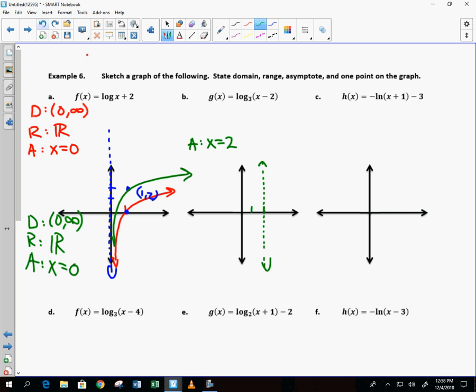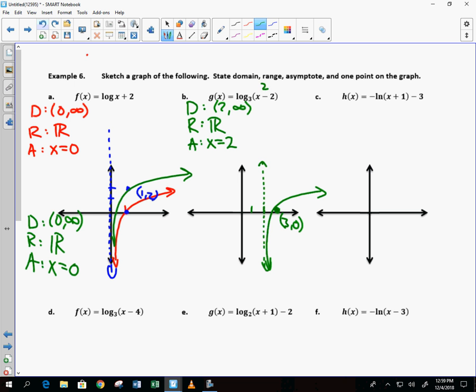Yep, moves it over to 3, 0. The range is always all real numbers. How about the domain? Look at your graph. 2 to infinity.